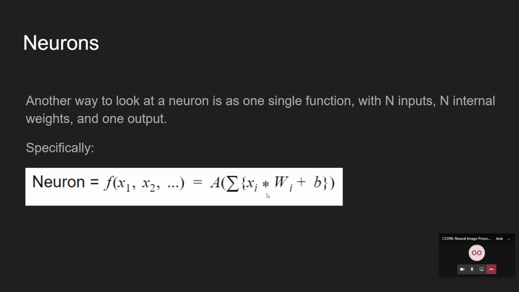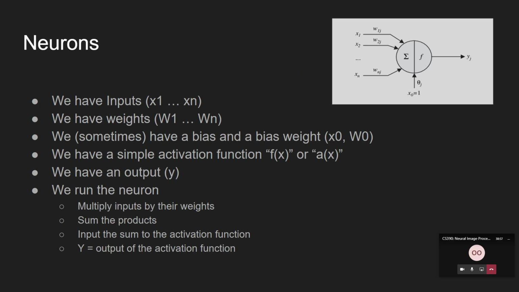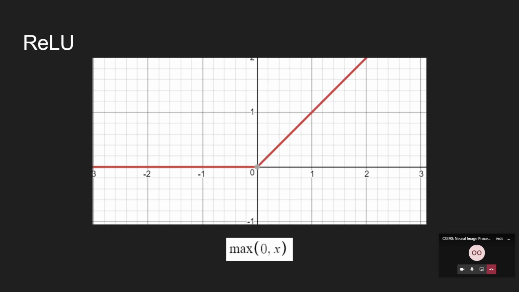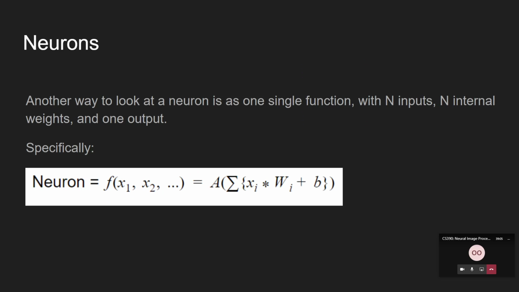So we looked at neurons already. We looked at this structure as a graphical representation way back here. We saw this little graphical representation of our algorithm, but that's not the only way to look at it. In fact, we'll be looking at it in several different ways in this course.